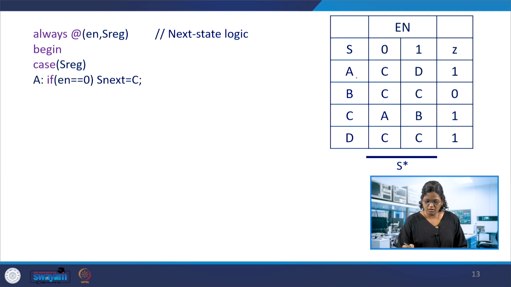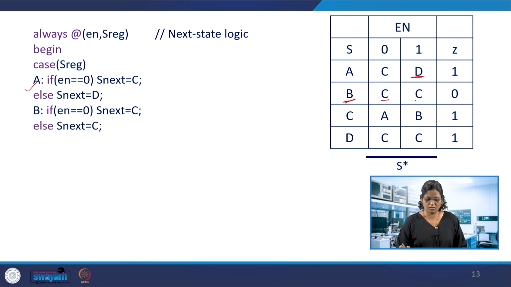If enable is 0, that is for state A, move to state C. This is only giving the next state. Else enable is 1, then next state D. If at B, similarly enable is 0, go to C, and it is again C here.